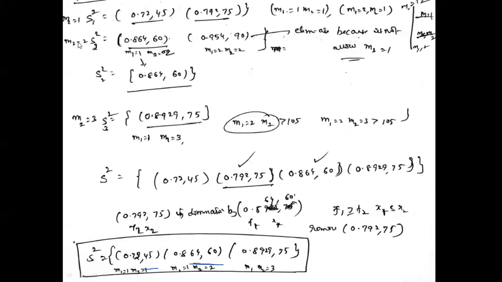Next, suppose in the second stage you are taking two devices. So M1 equal to 1. The first tuple represents M1 equal to 1, M2 equal to 2.